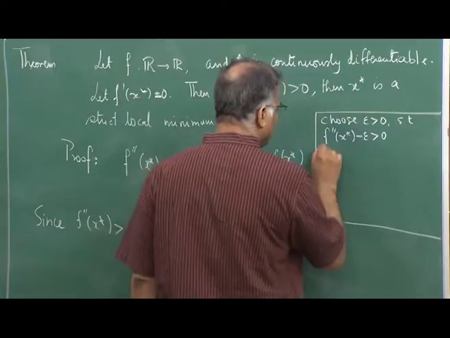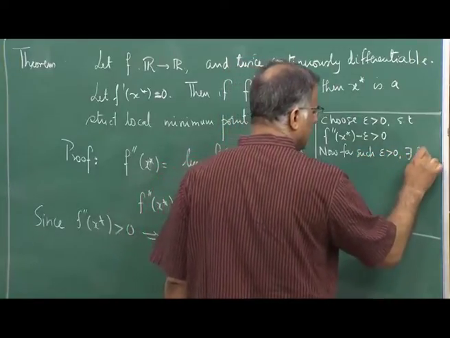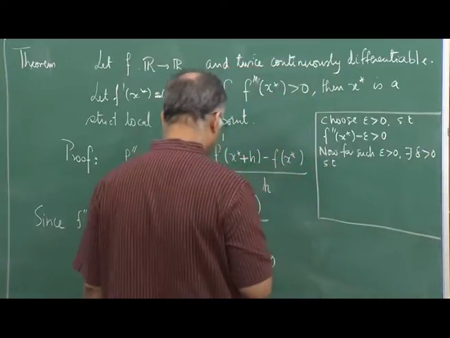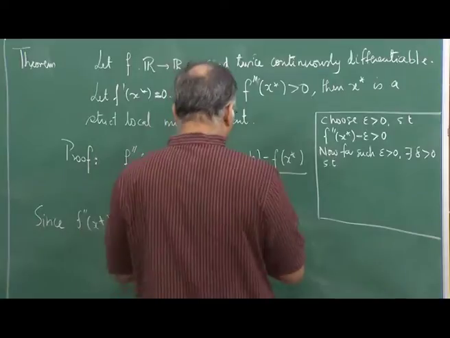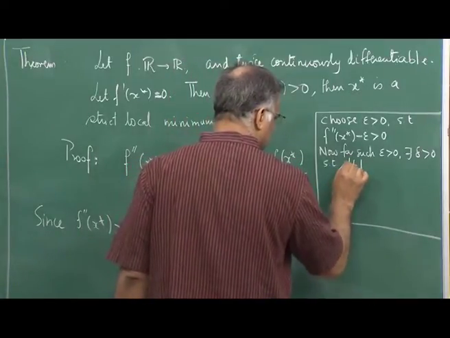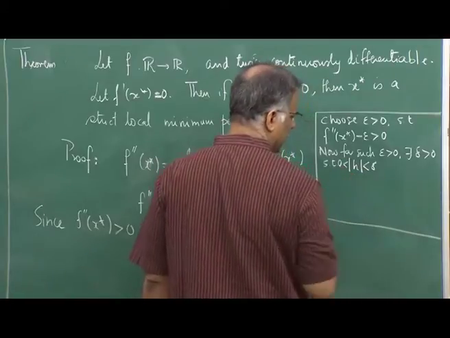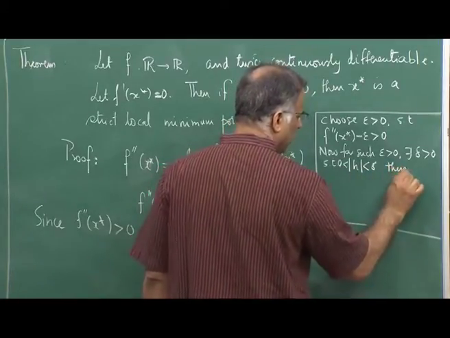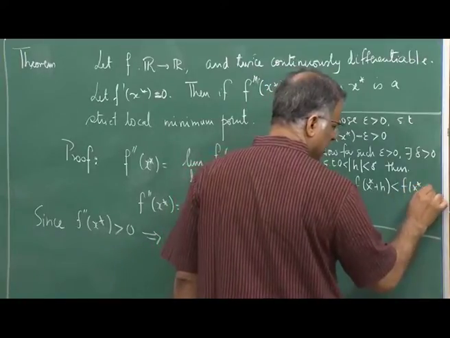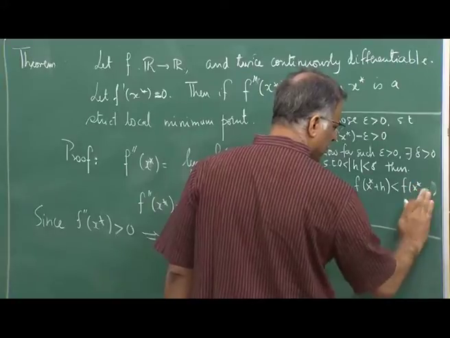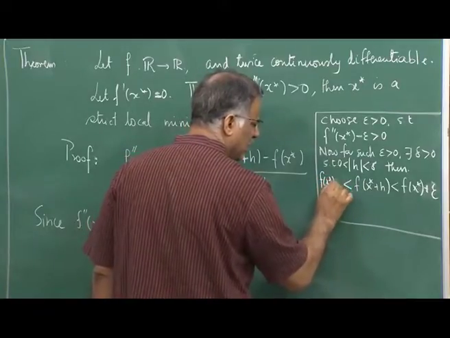Now for such epsilon, there exists delta greater than 0 such that whenever mod h is less than delta, and x star plus h is within the domain, we have this quantity strictly less than f double dash x star plus epsilon, and also strictly greater than f double dash x star minus epsilon.